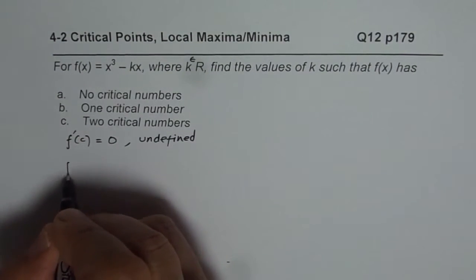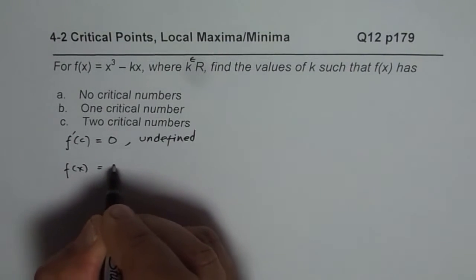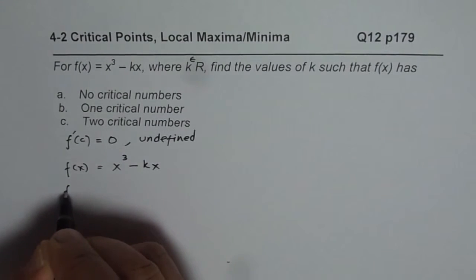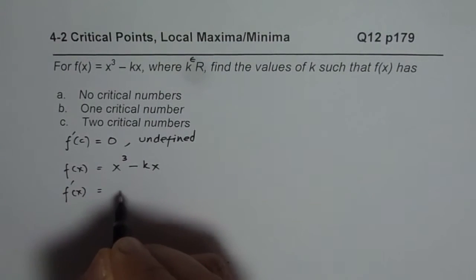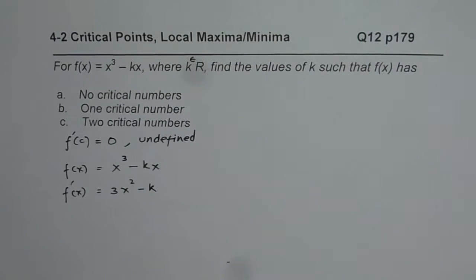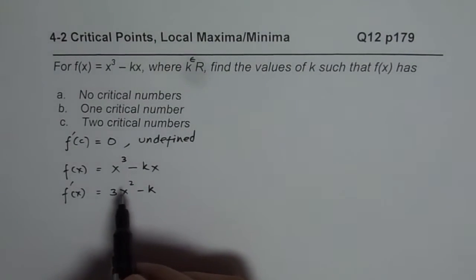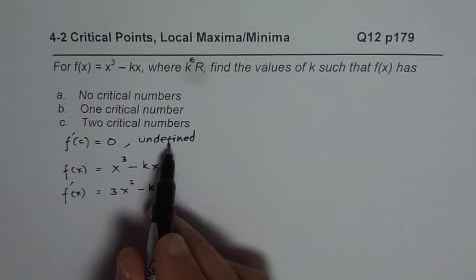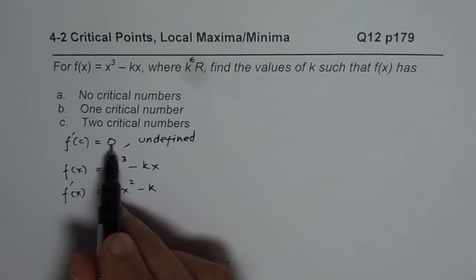So what we are given here is f of x equals x cubed minus kx. So f prime, the derivative of this function, will be 3x squared minus k. Now that's the derivative. Now this function is continuous, without any breaks, so the derivative is never undefined, but it can be 0.